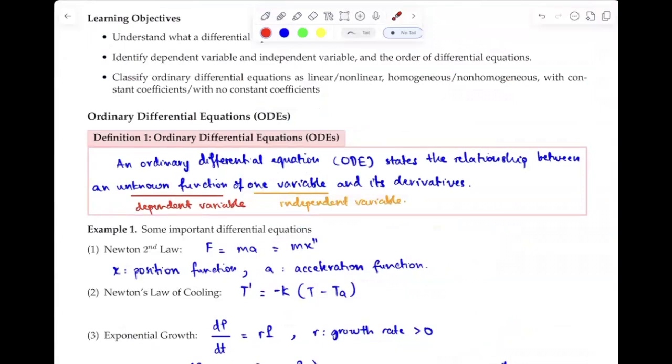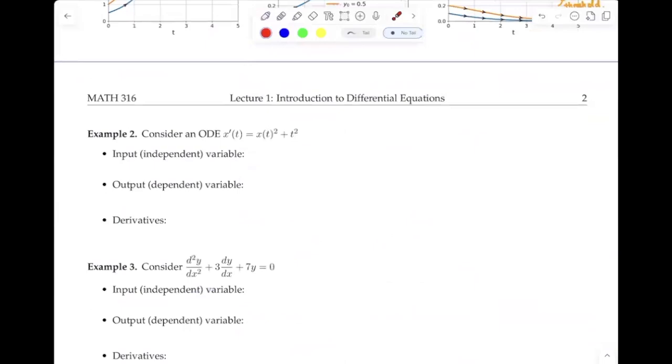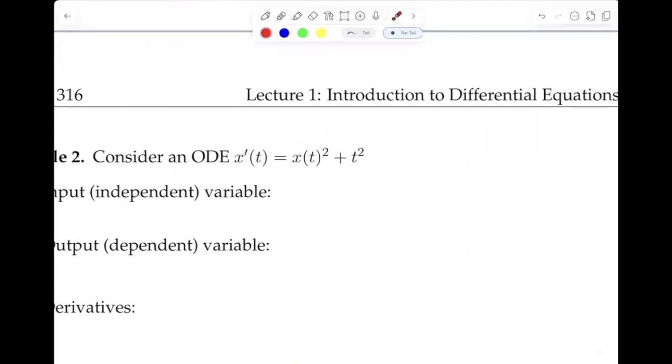Again, the first step is, can you identify the dependent variable and independent variable? Let's do something like that. So I have this differential equation, x prime equals x squared plus t squared. Even though you don't see a derivative with respect to something, it is assumed that x, which carries the prime, is the dependent variable.